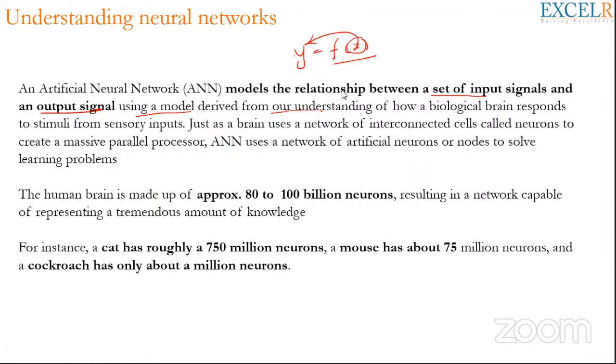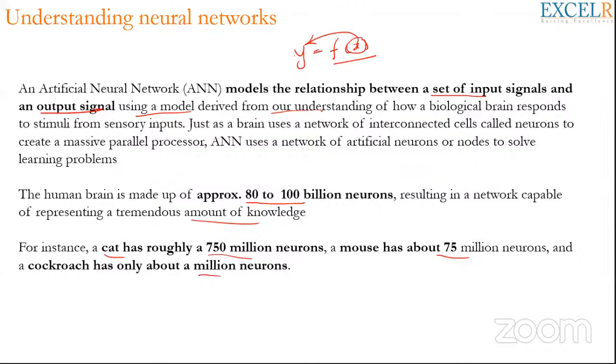The human brain is made up of 80 to 100 billion neurons, 100 billion guys, and it is a huge and massive network. It can hold a tremendous amount of knowledge. If you compare the number of neurons with pets and other animals, a cat has roughly 750 million neurons, a mouse has 75 million neurons, and the cockroach has roughly a million neurons.